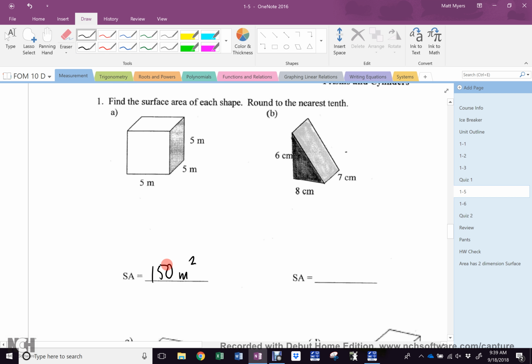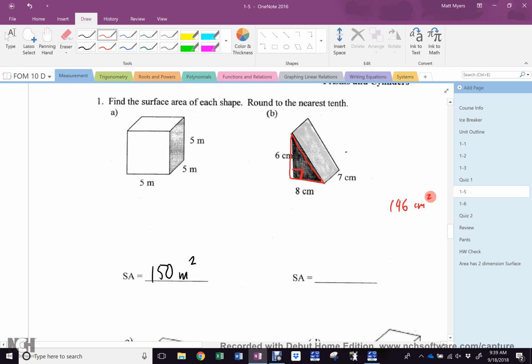Excellent. Good. Now, in this one, I told you that this was a 90 degree. So you had this triangle here. What is that surface area? Who has a number for me? Zach. 146. I don't remember if that is correct, so I'm going to keep this question open to see if anybody else has another number for it. Does anybody else have another?